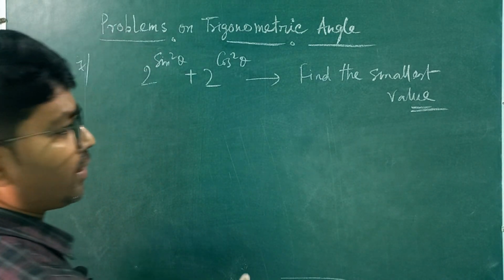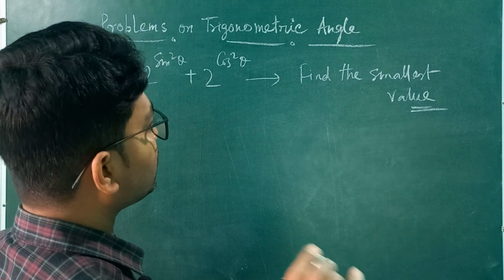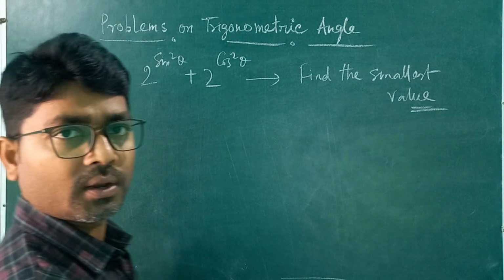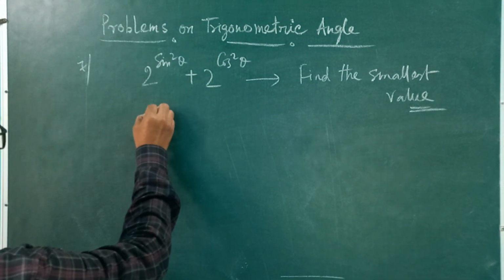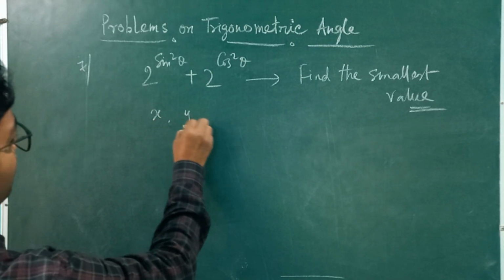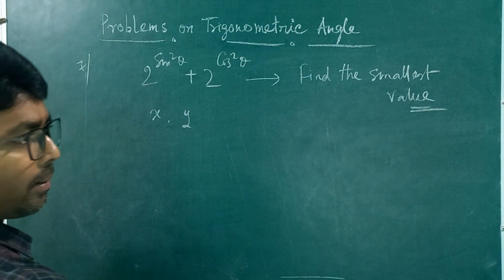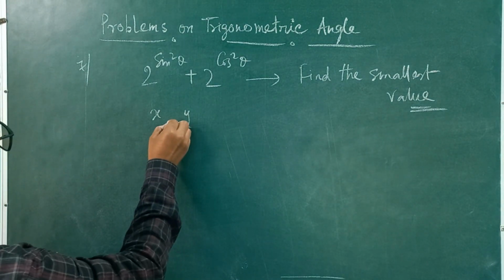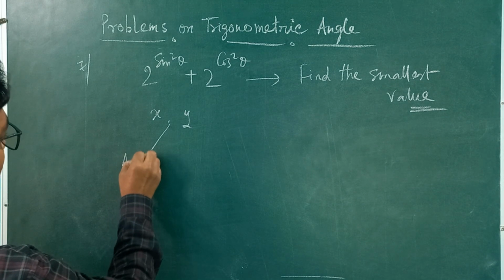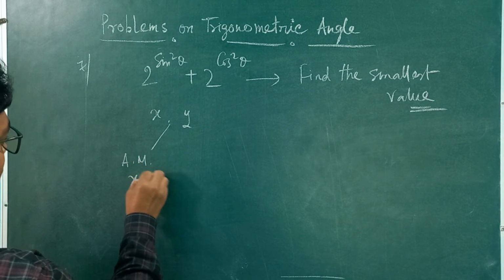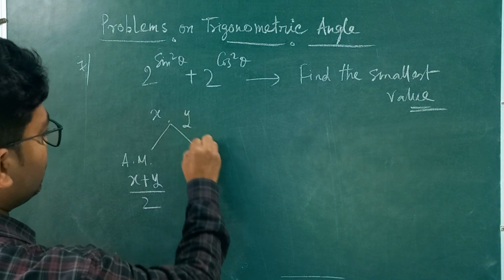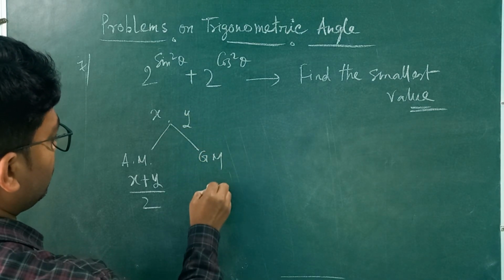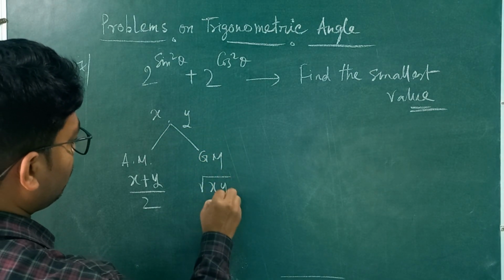Here I will apply a small theoretical part of arithmetic progression and geometric progression. What is the theory? Suppose x and y are any numbers, then their arithmetic mean is x plus y by 2 and their geometric mean is root xy.